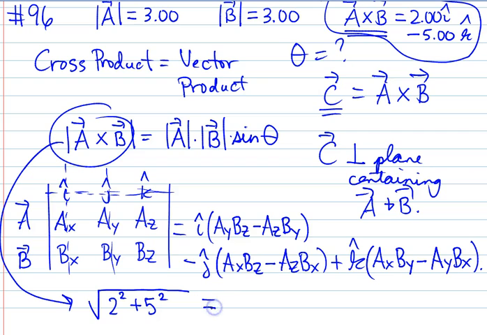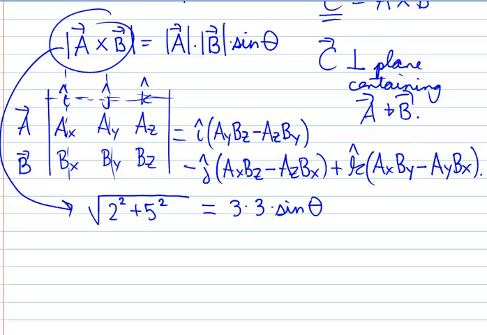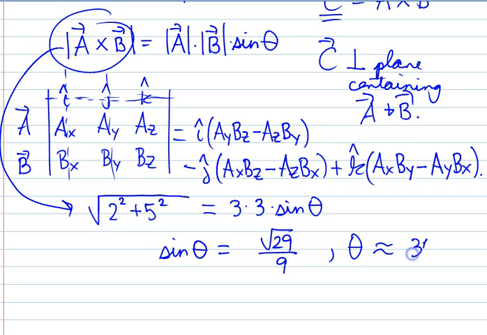Okay, that's going to be equal to the length of A, which is 3, times the length of B, which is 3, times the sine of the angle between them. And so what we get is that the sine of the angle is the square root of 29 over 9. And so that means that the angle is about 36.8 degrees. And that's our final answer.